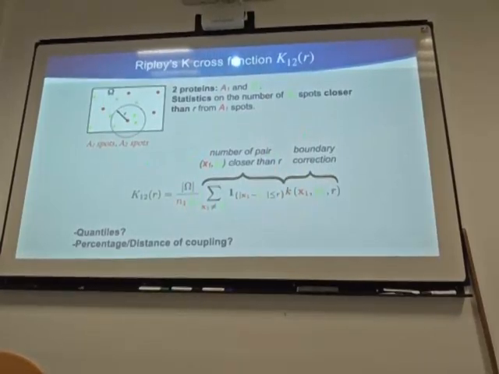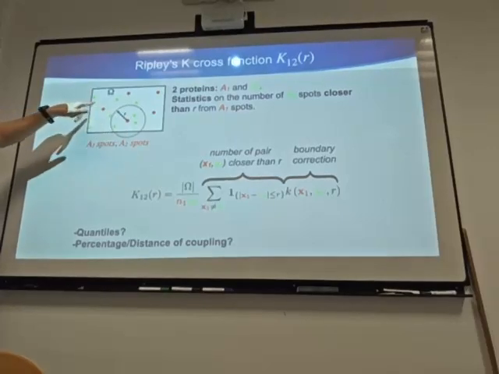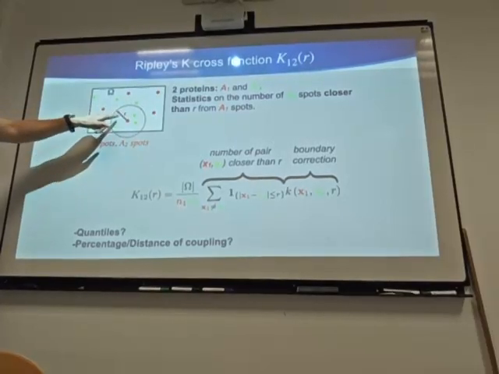So quite naturally, you can define a cross function K. Instead of counting for each point the number of points around, you're going to consider, for example, the red ones, and for each red point and a parameter R, count how many green ones you have.